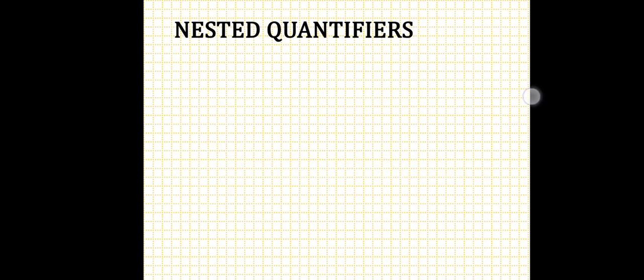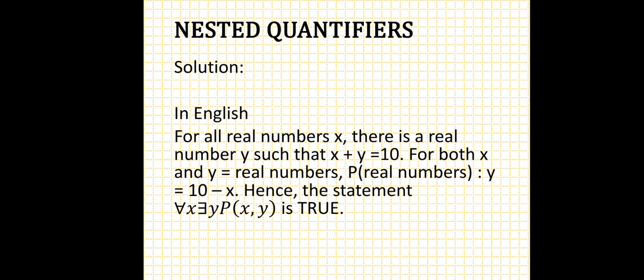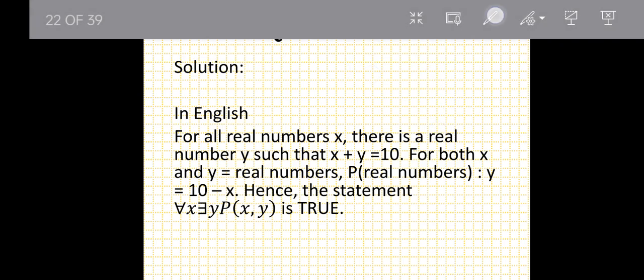Okay? Kasi ating statement is for all x, there exists y. So therefore, for all real numbers, that is for all x natin, there is a real number y.